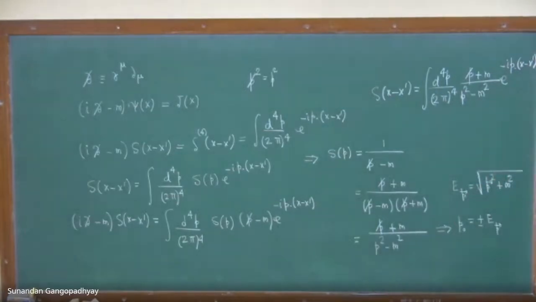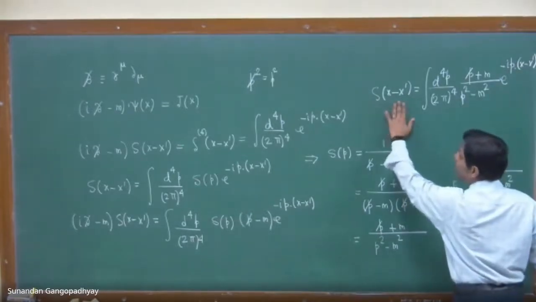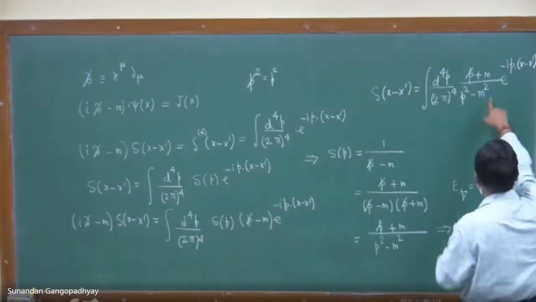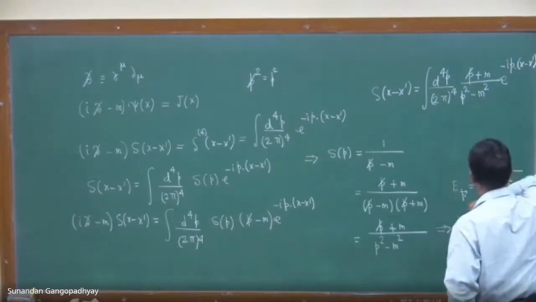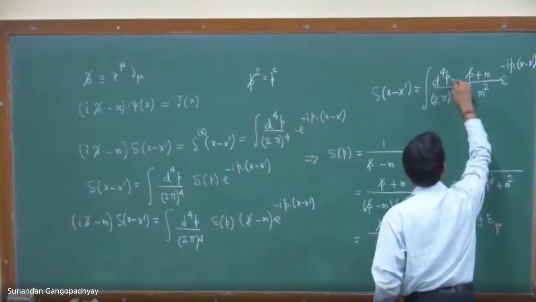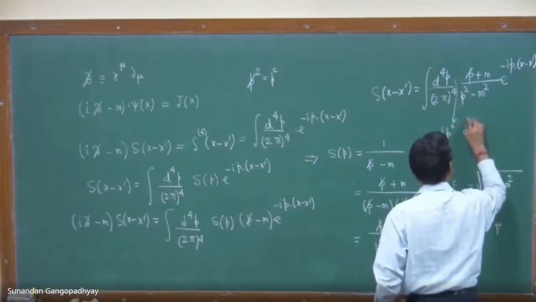So we can see from here that this propagator, or this Green's function, as we say, has poles at p0 equal to plus or minus E_p. This integration is d4p, and therefore you can write it as dp0 d3p.